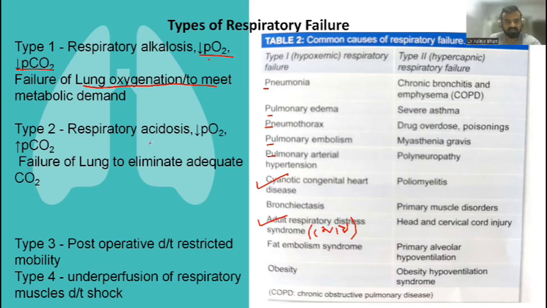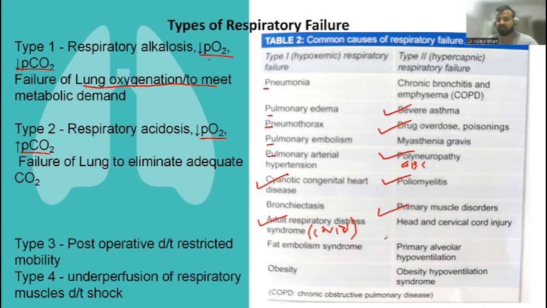In type 2, there is decrease in PO2, but there is carbon dioxide retention, and it usually occurs due to neuromuscular failure like poliomyelitis or Guillain-Barré syndrome. Then in drug overdose, like morphine and opioids, and severe asthma where there is severe bronchospasm, there is carbon dioxide retention and oxygenation is incomplete.